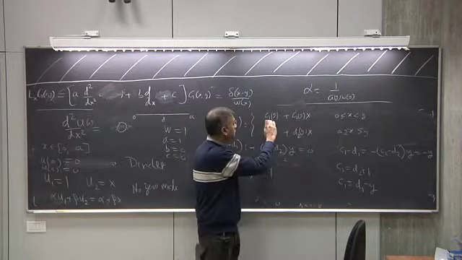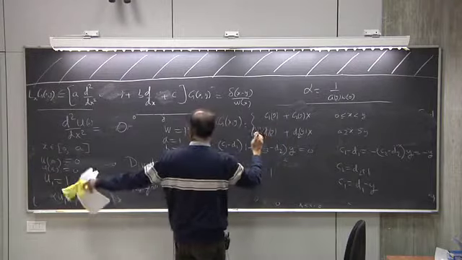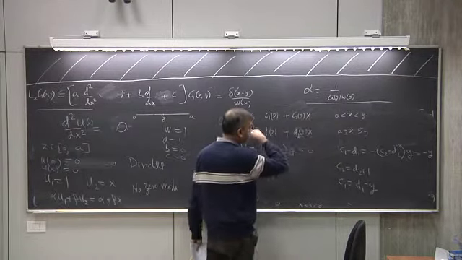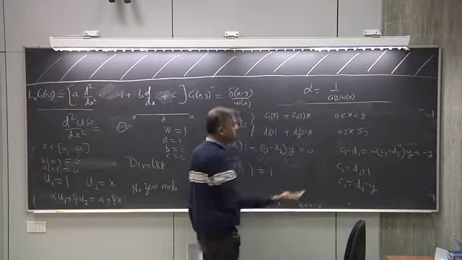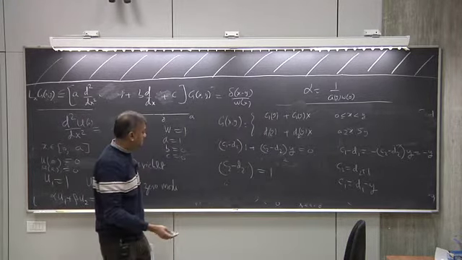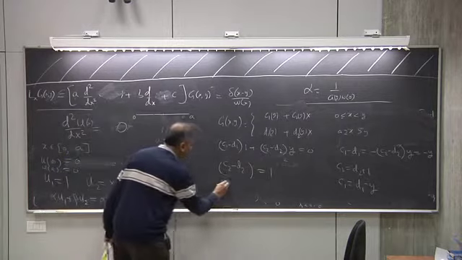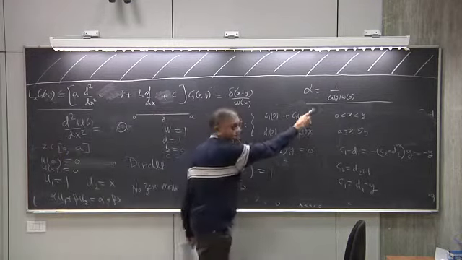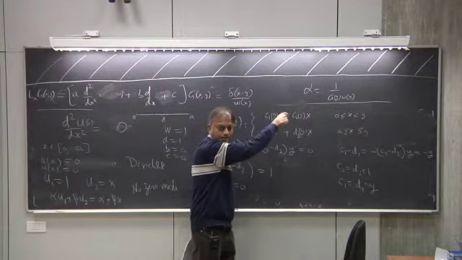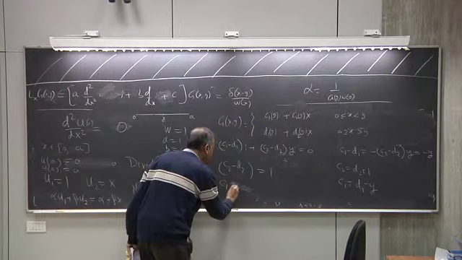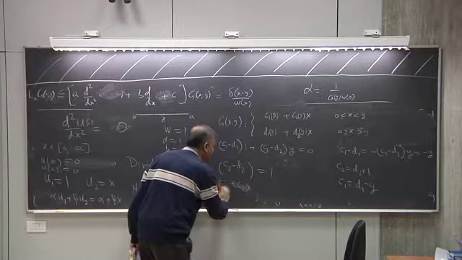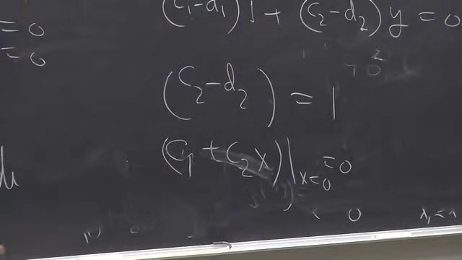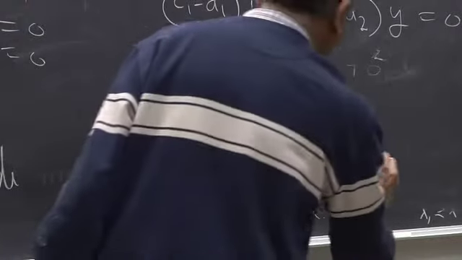So that boundary condition says that c1 plus c2 times x, evaluated at x equal to 0, must be equal to 0. At x equal to 0 this term vanishes, which implies that c1 equals 0.